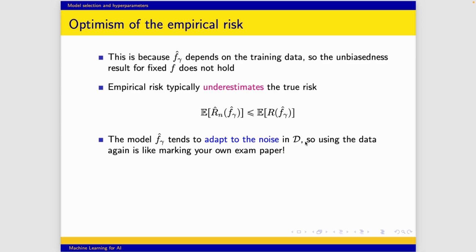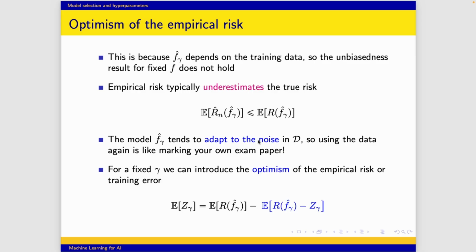It's like marking our own exam paper because the model has already adapted to the noise. So if we then measure the risk of that model using the same dataset, using empirical risk, in a sense, we are double counting it. We've already biased the result towards that particular model. So that model looks very favorable. But that's only because it's adapted to the noise in that particular dataset that we have.